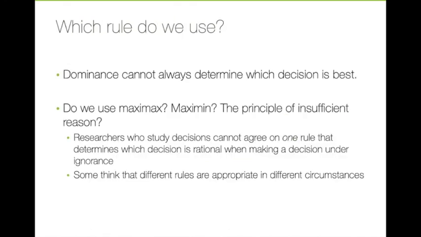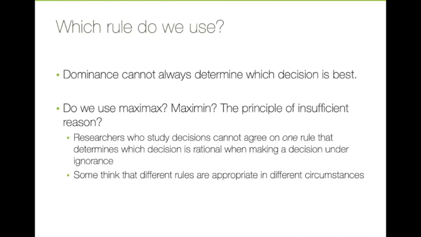At this point, we've looked at 4 rules we could follow in making decisions under ignorance. And there are actually quite a few others we could have considered but didn't. Which rule do we use in making a rational decision under ignorance? Well, decision theorists agree that to be rational, you should at least avoid dominated decisions and make dominant ones. But beyond that, our guidance is less clear.